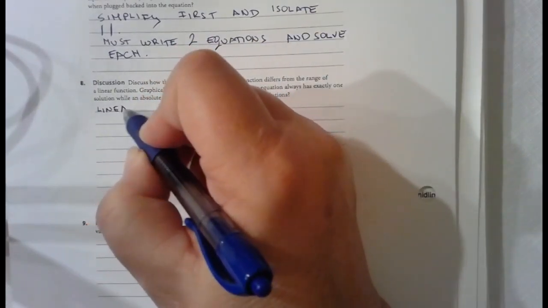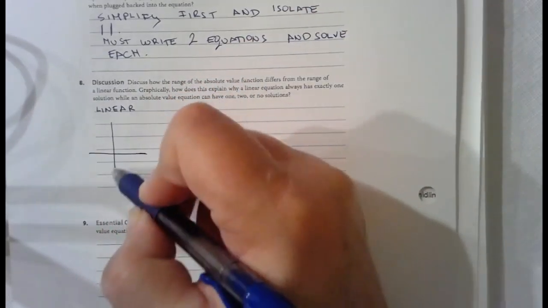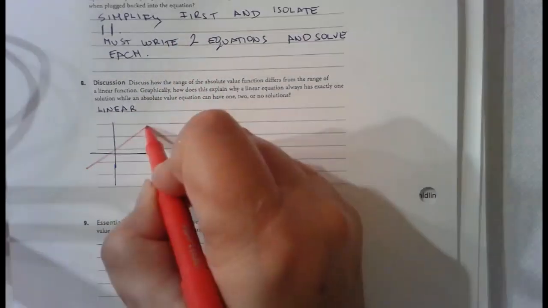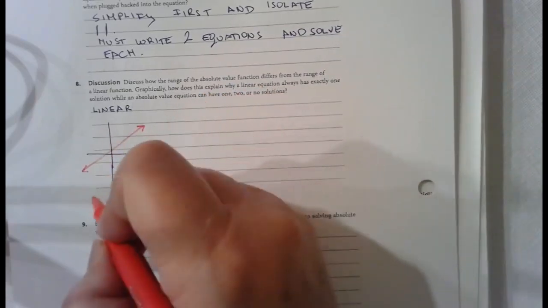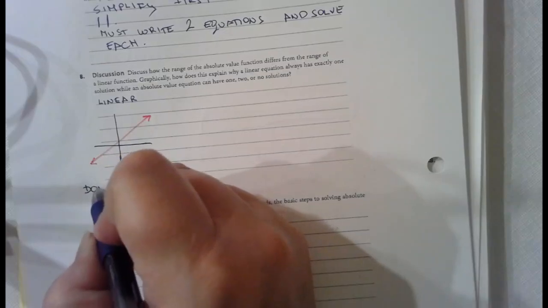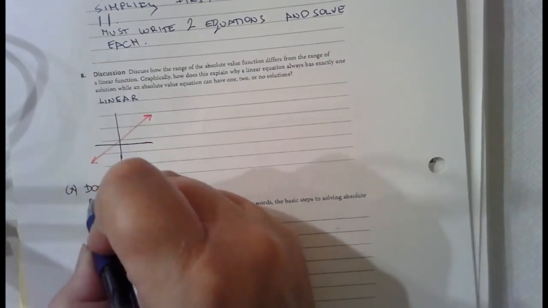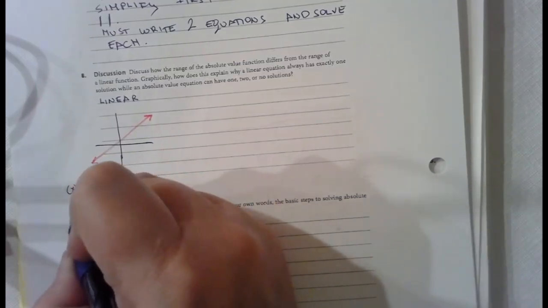So we have linear, and remember the linear is just a line. So if I have some equation, let's say this is my linear equation, okay? And remember your domain is x, and range is your y.